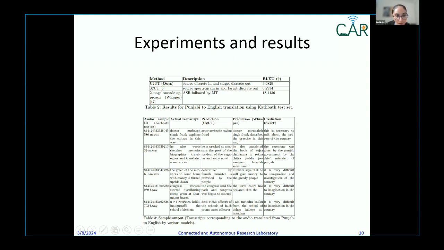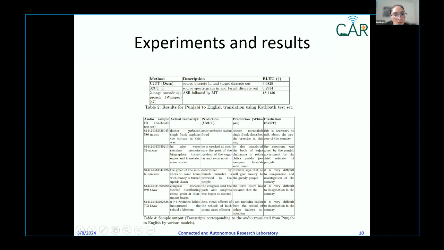And then I just want to highlight the actual predictions by the model. This is just a subset of audios. This is some audio in the source language, which is Punjabi, and we want to convert that to English.